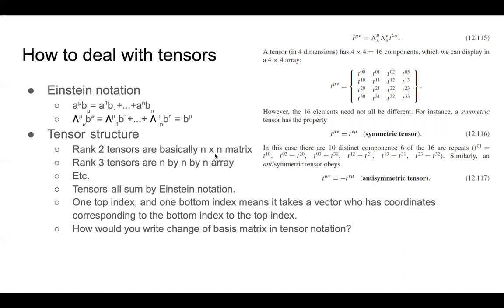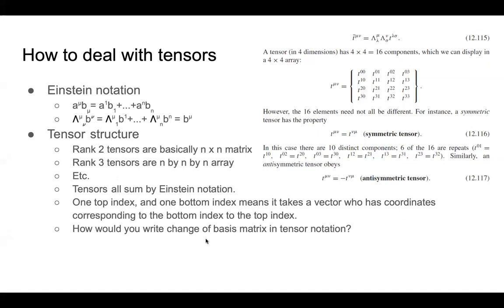They're basically matrices, at least rank 2 tensors are. Rank 3 tensors are like an m by n by p array, kind of, if we think of it in computer science terms. The book sometimes uses order 3 and order 2 for rank. All tensor expressions sum by Einstein notation, and the indexing is kind of like a linear transformation.